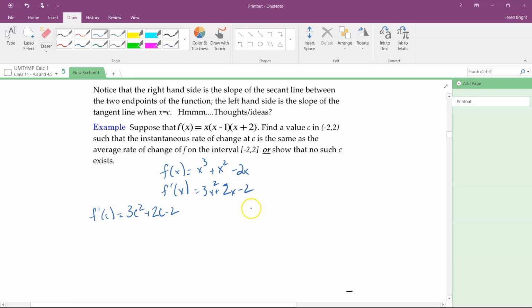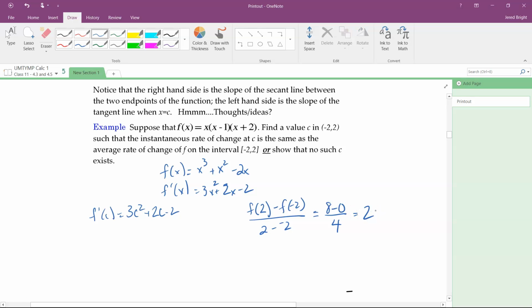The average rate of change would be f of 2 minus f of minus 2, all over 2 minus a negative 2. The denominator is 4, and the numerator, if you calculate it out, is 8 minus 0, and this is equal to 2.